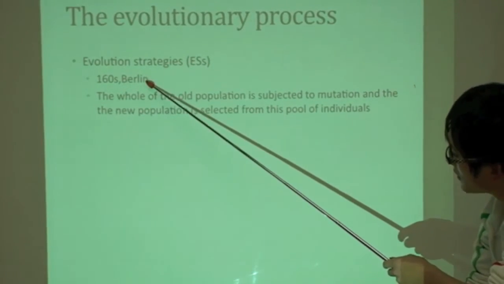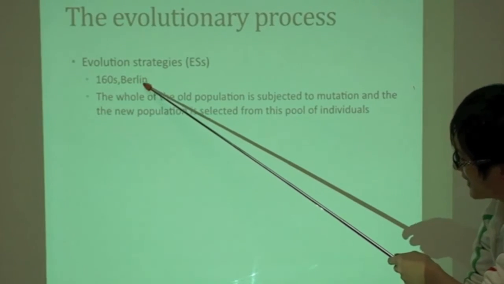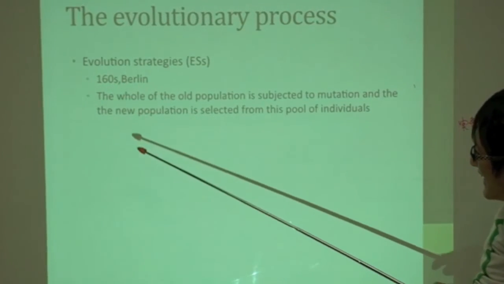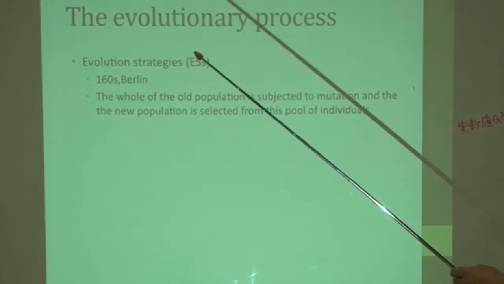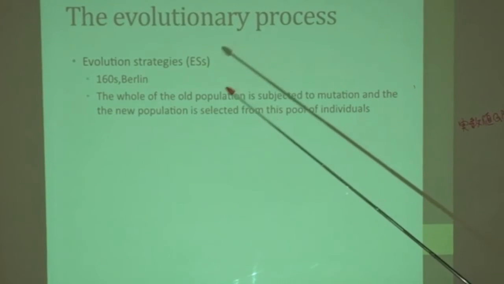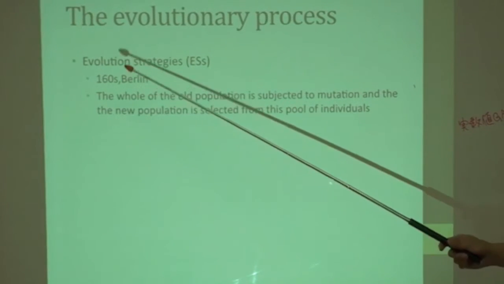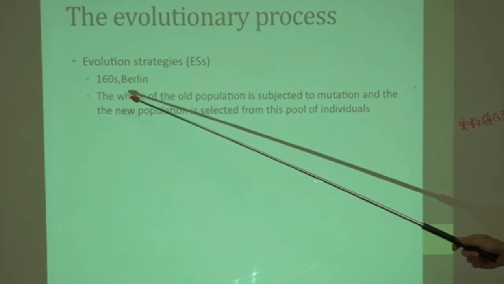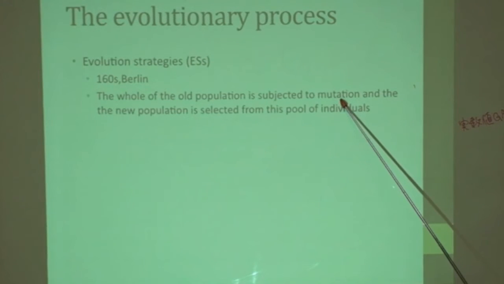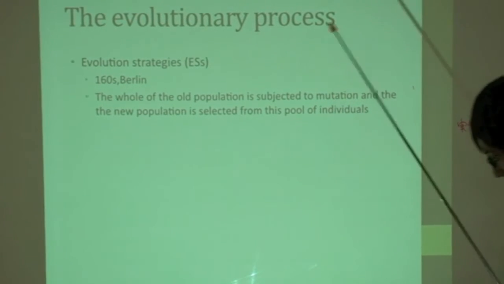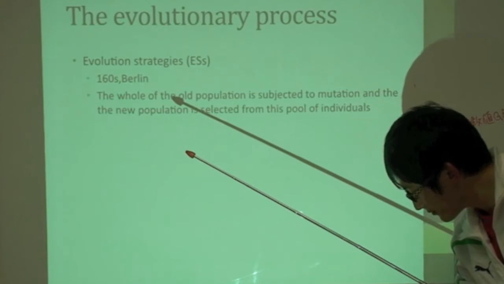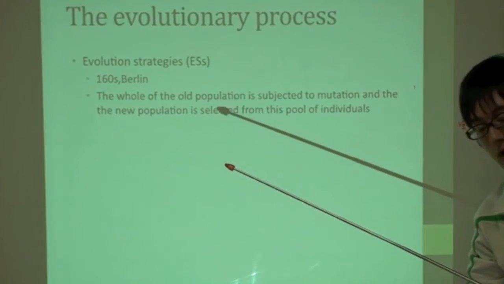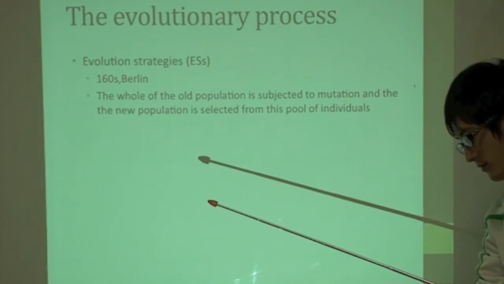It was born in Berlin, 1860s. それだけ言われても分かるわけないんで、ペアの人となんかしましょう。In this strategy, we don't use crossover, but we only use mutation. This is just a random walk.